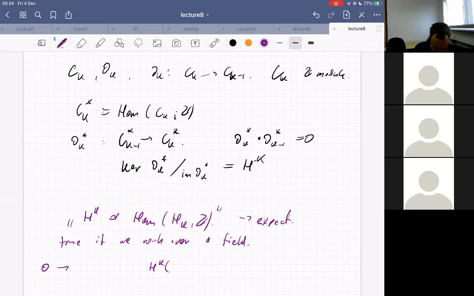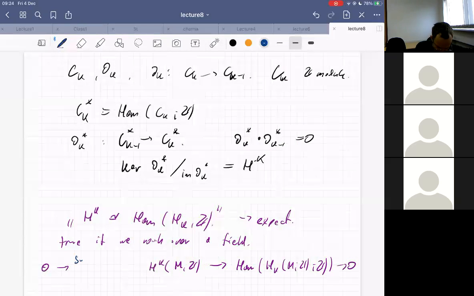It ends with Hom(H_k(M), Z) to 0, and here is something that is 0 if H_{k-1} is 0.